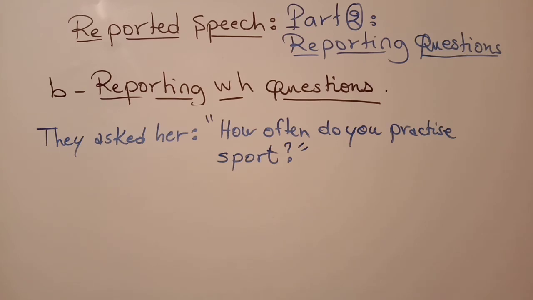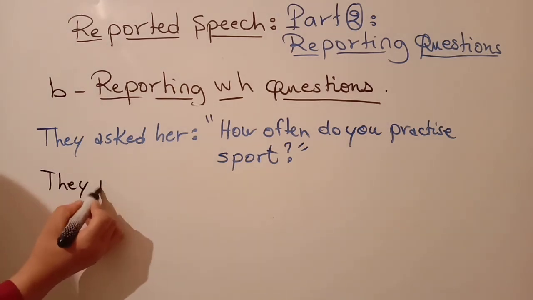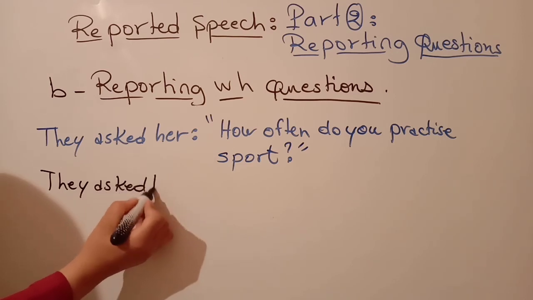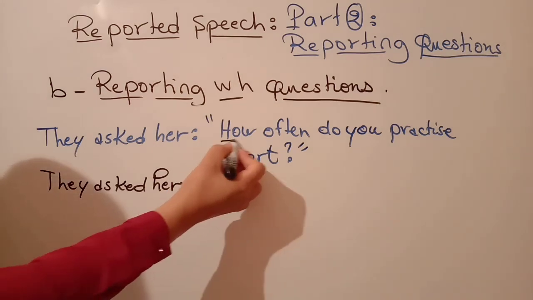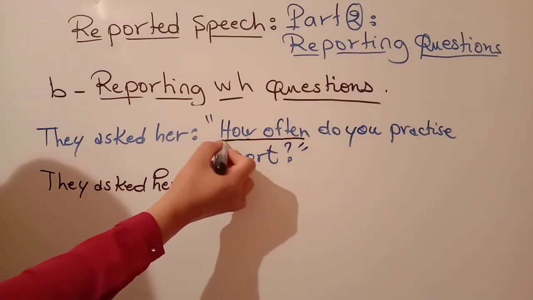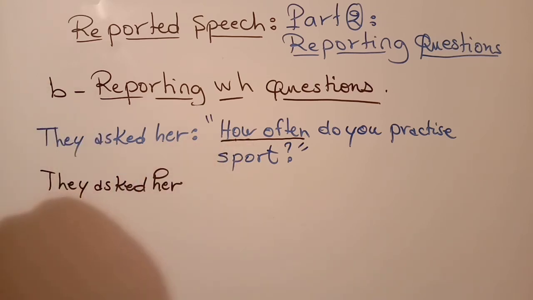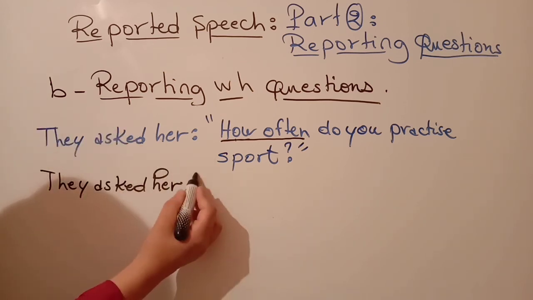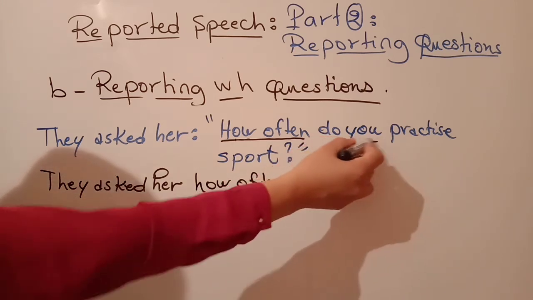Okay, so the last example about reporting WH questions: they asked her, "How often do you practice sport?" Let's do it together. The first part does not change: they asked her. How often is the link. So we don't have only how, but how often, a WH word used to ask about frequency. They asked her how often. The subject is you.